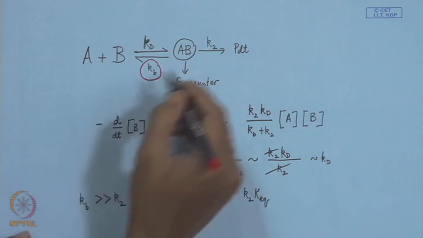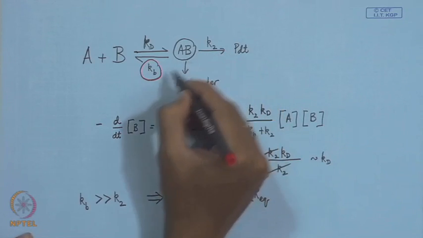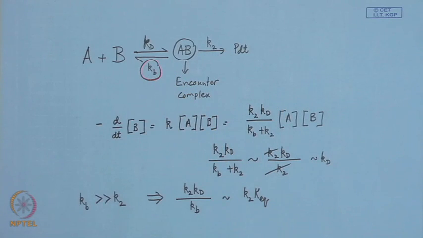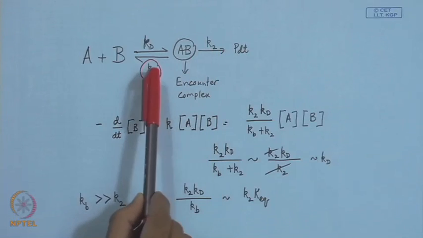K2 is so fast that the back reaction is negligibly small, like the reaction between H plus and OH minus. The moment they come together, generating water, there is no chance that the back reaction takes place. Maybe water dissociates to form H plus and OH minus, but that is very small. So, that is why K2 is very high compared to Kb.